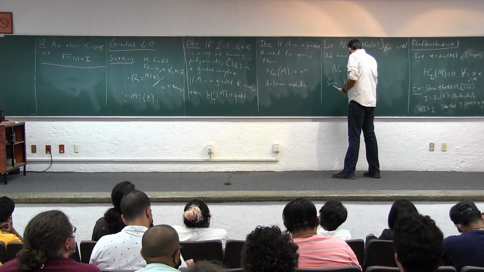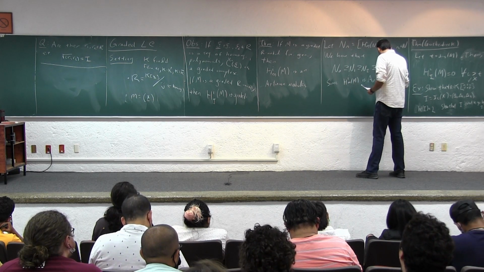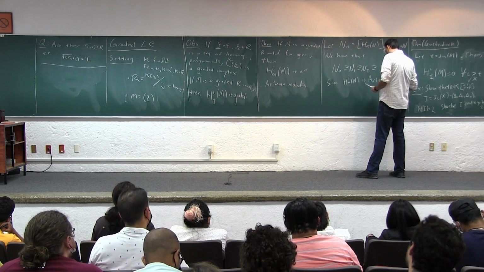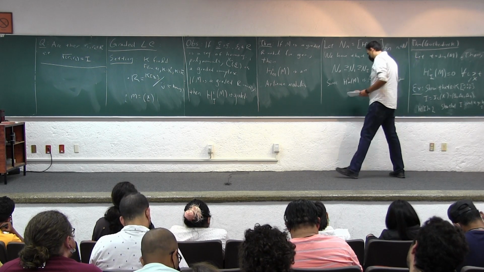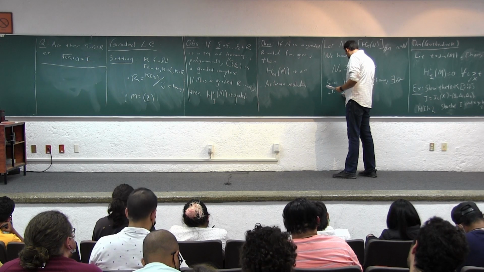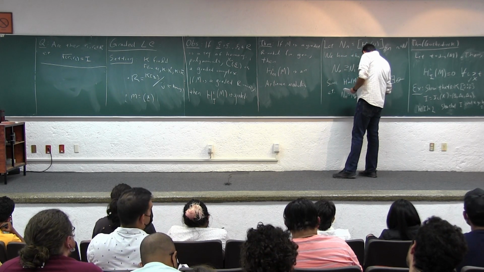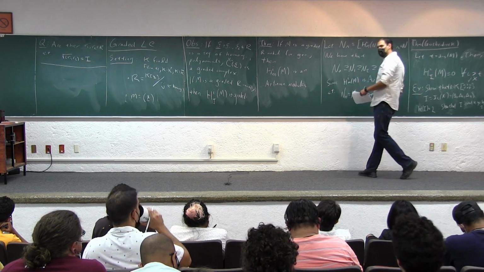Since H^i_m(M) is Artinian, there exists a theta such that N sub n is equal to N sub theta for every n greater or equal to theta.